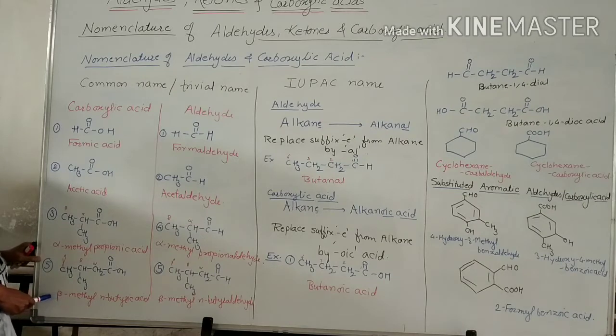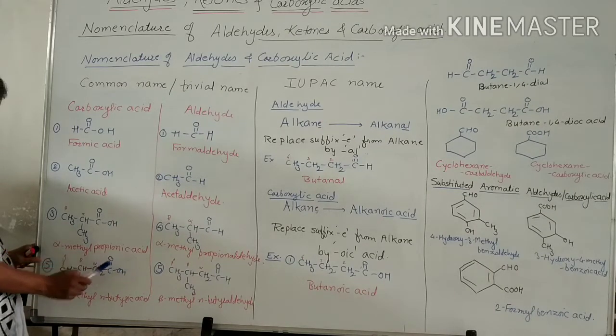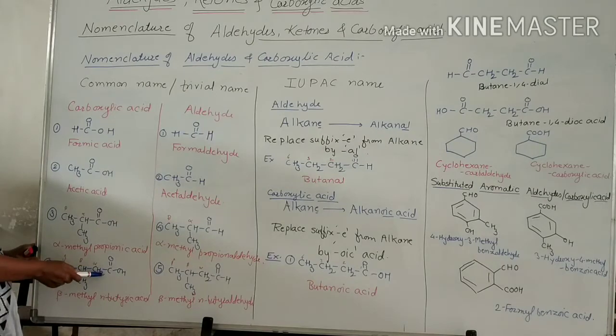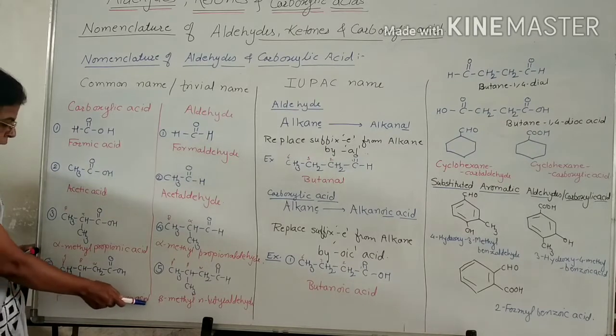Now this point number CH3, CH3, CH2, COOH. Now there are 5 carbon atoms, but at beta carbon atom there is CH3 group. Therefore it becomes beta methyl. Now there are 4 carbon atoms. Therefore it is butyric acid. Name of this compound becomes beta methyl butyric acid.